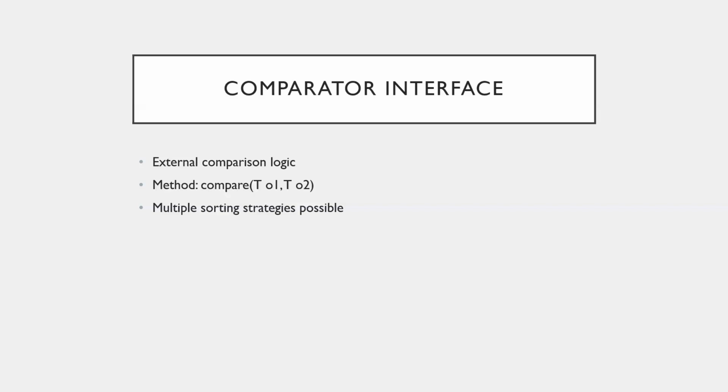The reason is that Comparable is inherent to the class itself. It's implemented by the class, so there's only one compareTo method. But you can create multiple classes that implement the Comparator interface, which is why multiple sorting strategies are possible.